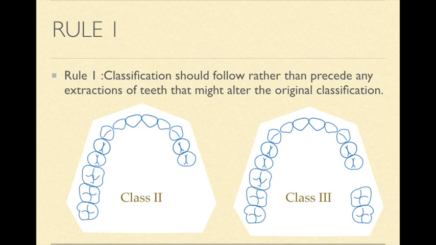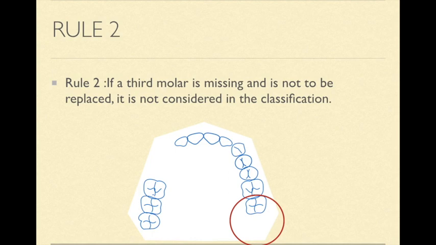So you can see the different case scenarios will give you different classifications. So when you are asked for the classification, you should ask first, what's the case scenario? If you are not given the case scenario, you are not able to give the proper or correct classification. The second rule talks about if a third molar is missing and is not to be replaced, it is not considered in the classification.